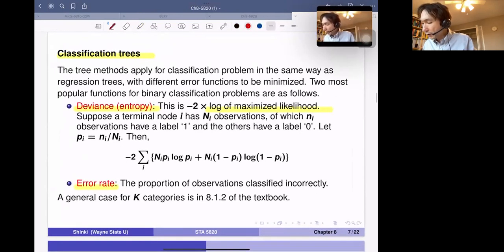So this is the likelihood function. Suppose that for each node, we have the number of observations that is capital Ni, and lowercase ni successful cases, and Ni minus lowercase ni failures.